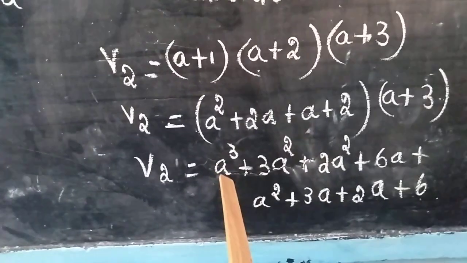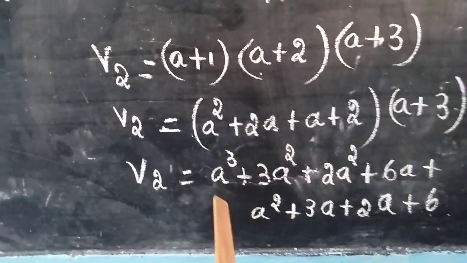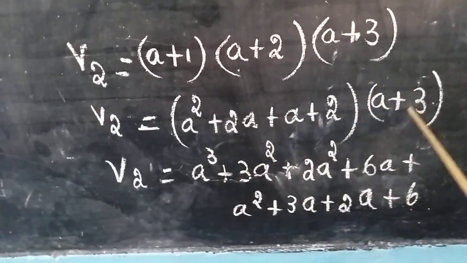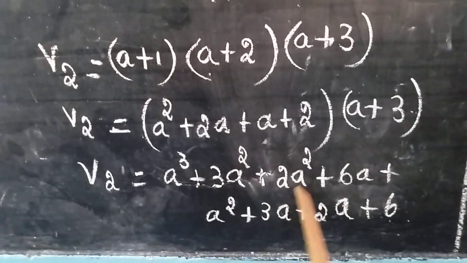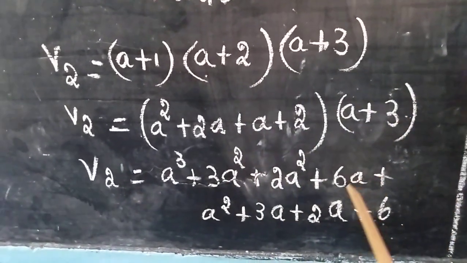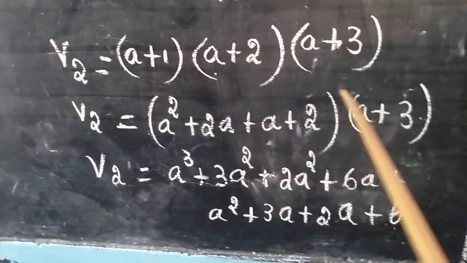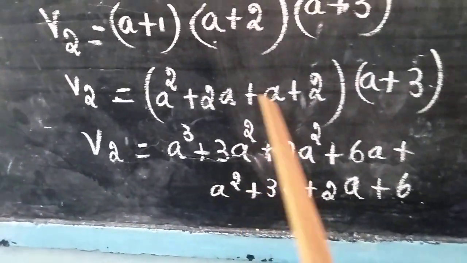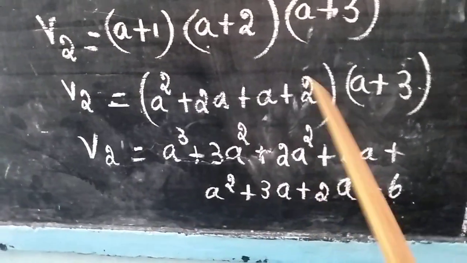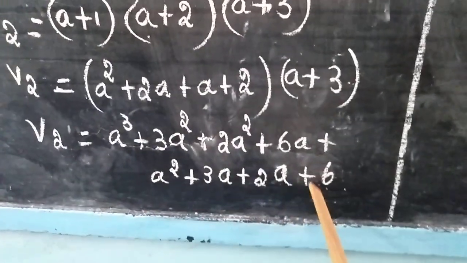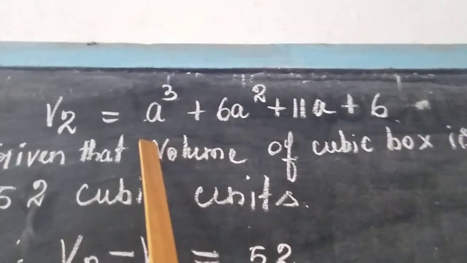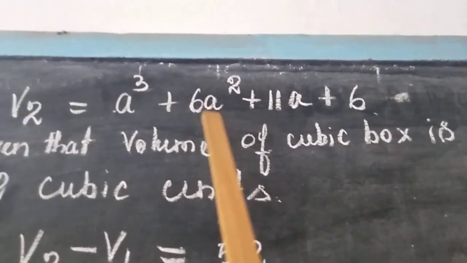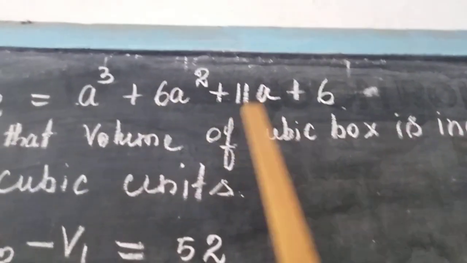A square into A will become A cube, plus A square into 3 is 3A square, plus 2A into A is 2A square, plus 2A into 3 is 6A, plus A into A is A square, plus A into 3 is 3A, plus 2 into A is 2A, plus 2 into 3 is 6. Now if we simplify, we get V2 is equal to A cube plus 6A square plus 11A plus 6.